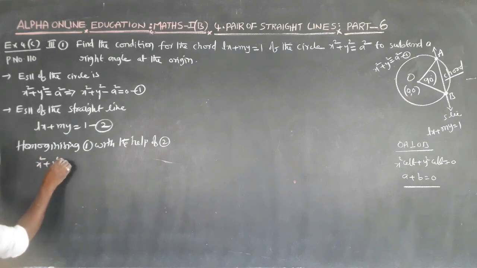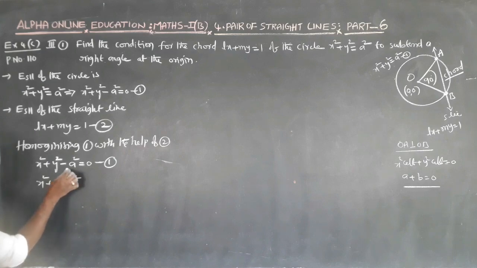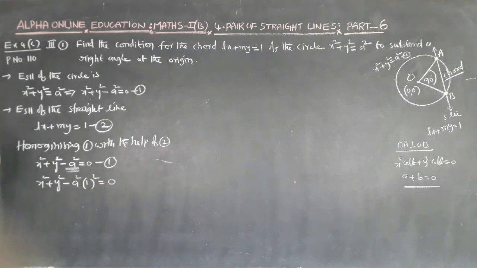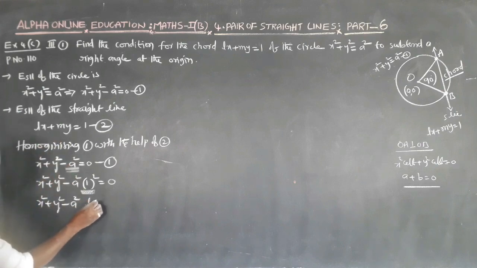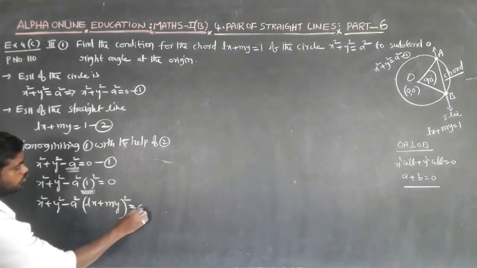Equation number 1 is x square plus y square minus a square equal to 0. x square plus y square, here a square is the constant, so constant into 1 square. x square plus y square minus a square into 1, substitute lx plus my whole square, is equal to 0.